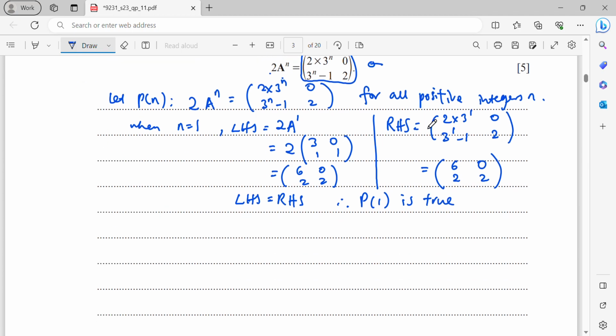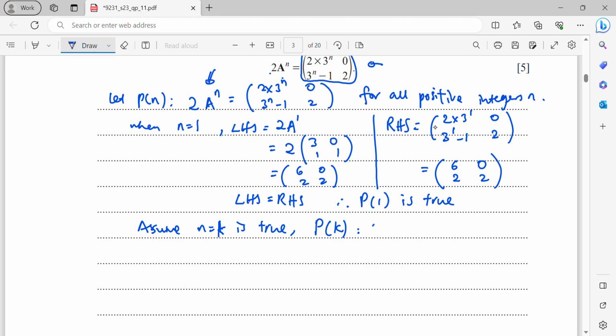Okay, so now we assume n equals k is true. So when n equals k is true, that means I'm getting Pk, which is just replacing the n here by k.